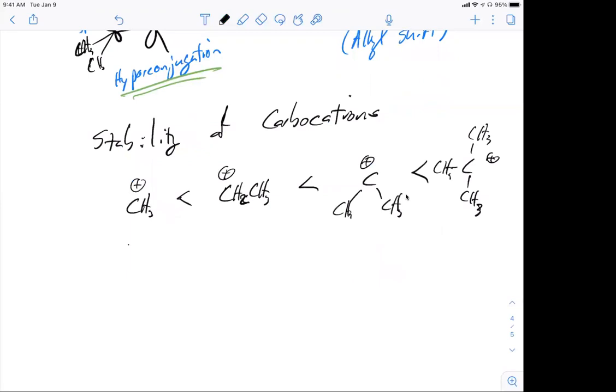So a methyl is going to be less stable than a primary, which is less stable than secondary, which is less stable than a tertiary.